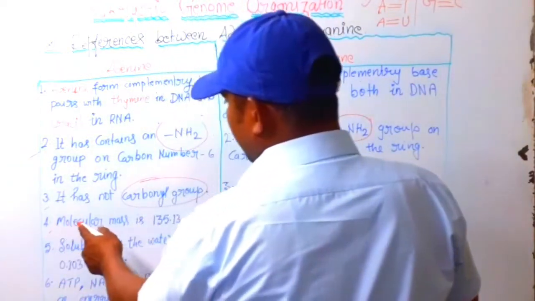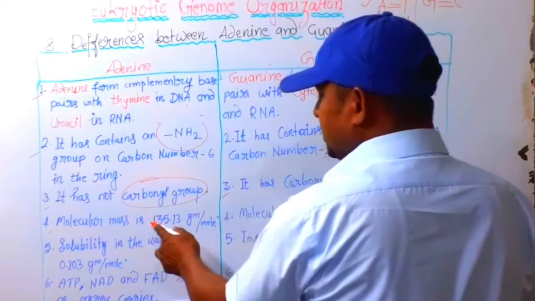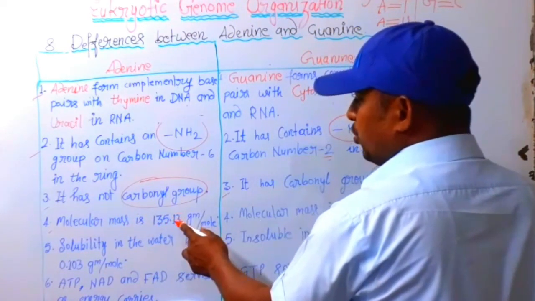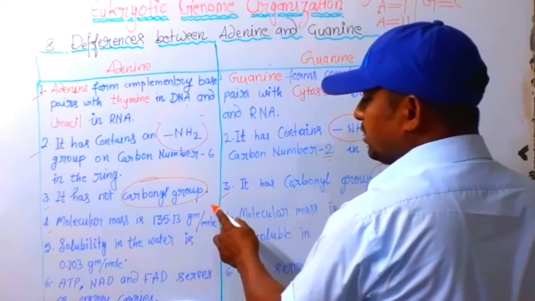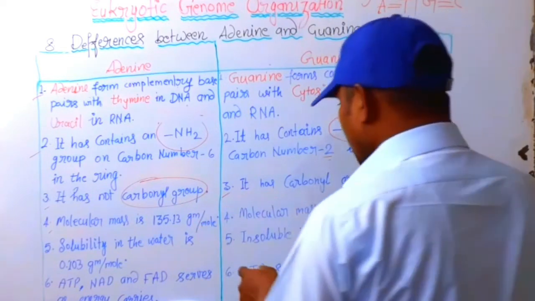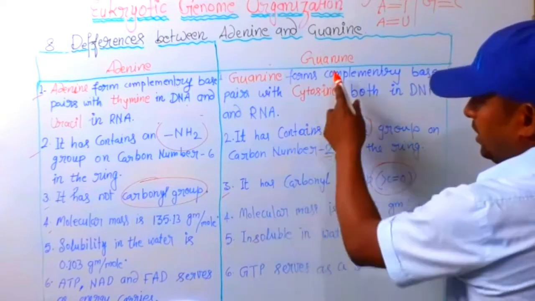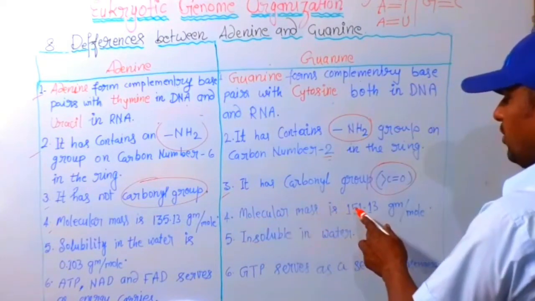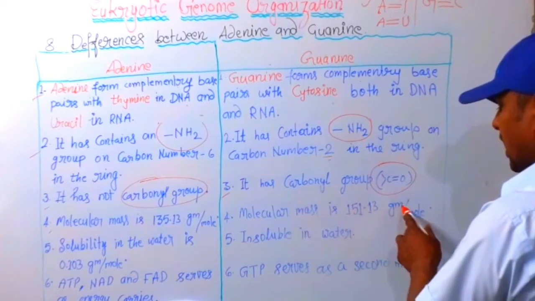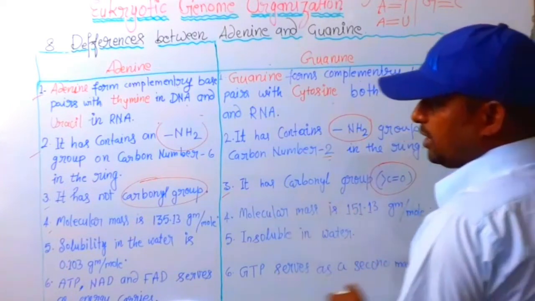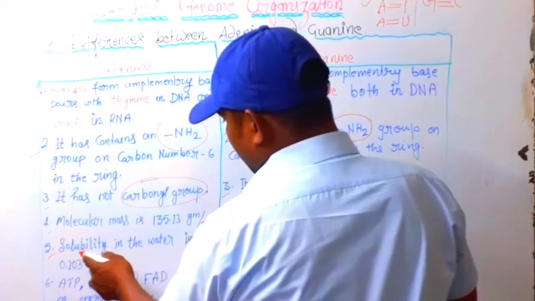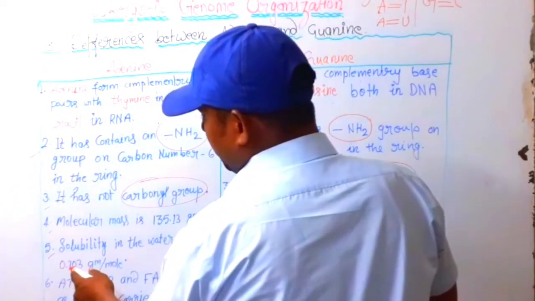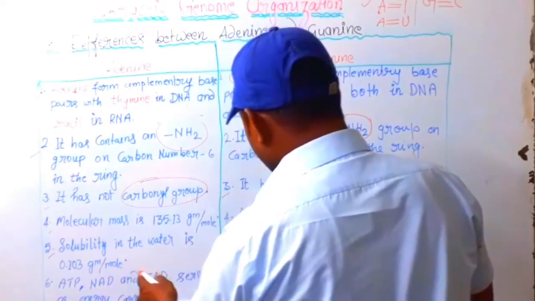Point number 4, the molecular mass of adenine is 135.13 grams per mole, while the molecular mass of guanine is 151.13 grams per mole. And point number 5, solubility.